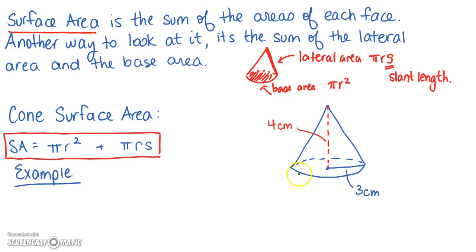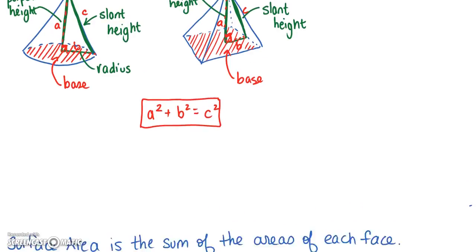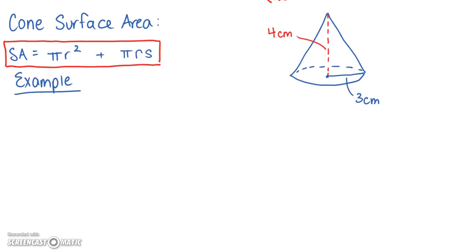So if we look at this particular example here, we can see that it has a perpendicular height of 4, a radius of 3, and what we require for this surface area formula is pi times your radius squared, so 3 squared, plus pi times your radius times your slant length. Now we don't have that as of yet, so we have to use Pythagoras.